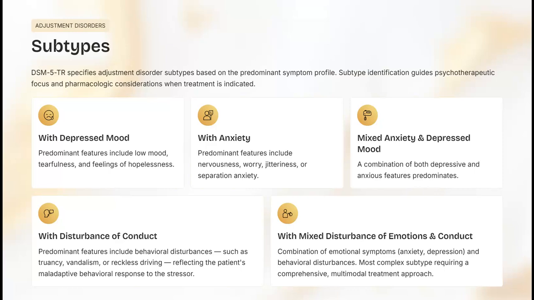And the patient's maladaptive behavior is their main response to the stressor. With mixed disturbance of emotions and conduct, emotional symptoms plus behavioral combined, that's the most complex presentation. It requires a comprehensive treatment plan, like combining therapy, behavioral interventions, and possibly even medication.